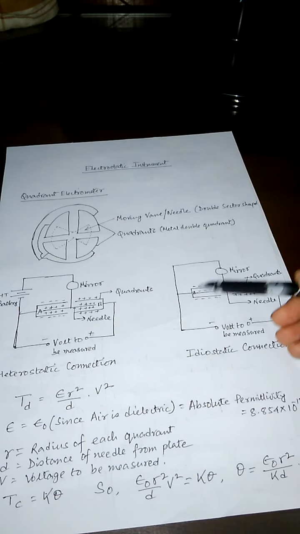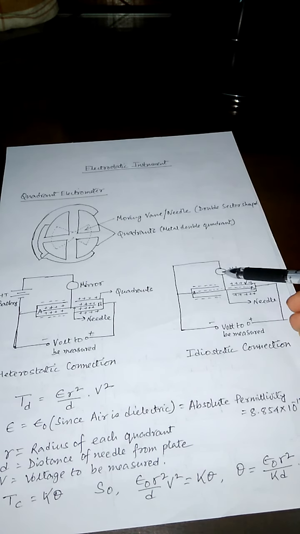To reach that position, the needle moves over a calibrated scale. That is the actual amount of deflection, which in turn provides the amount of voltage.